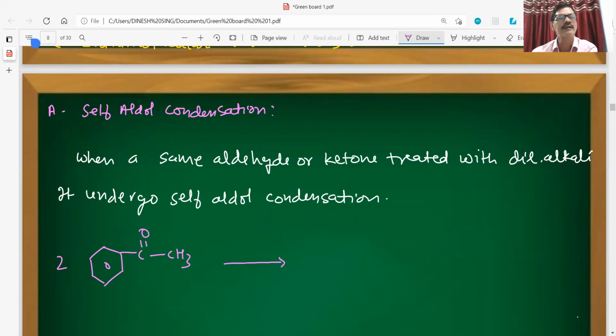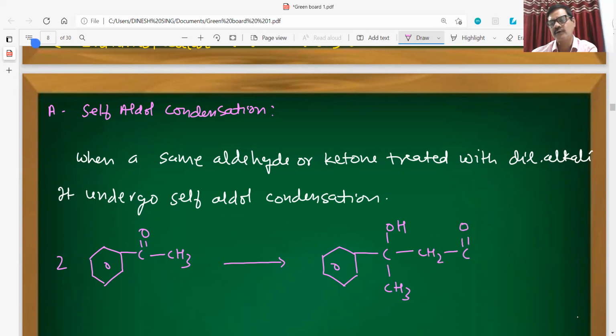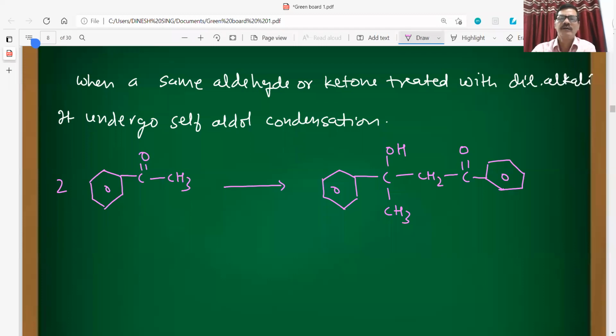So this will convert into C6H5COH(CH3)CH2C=O. So this is a beta hydroxy ketone. So this is the self aldol product.